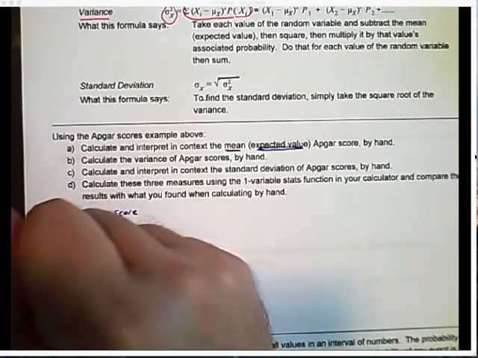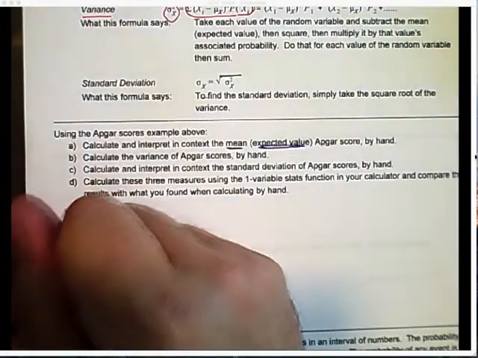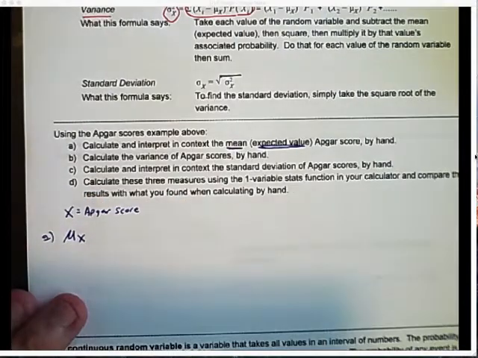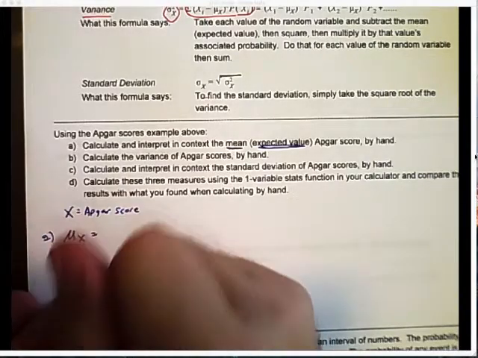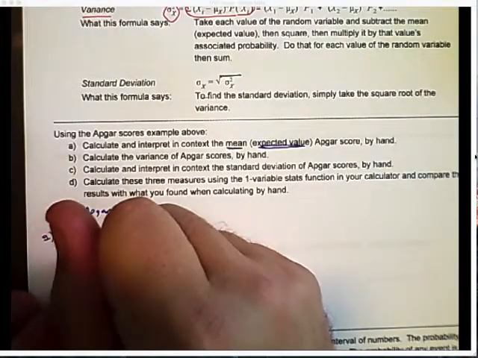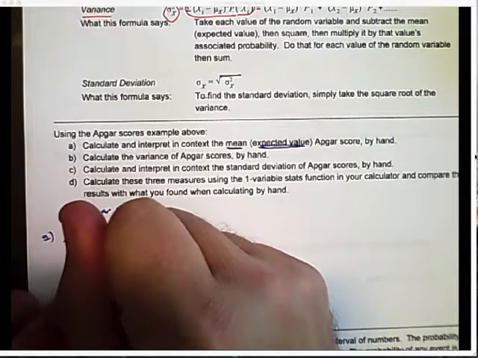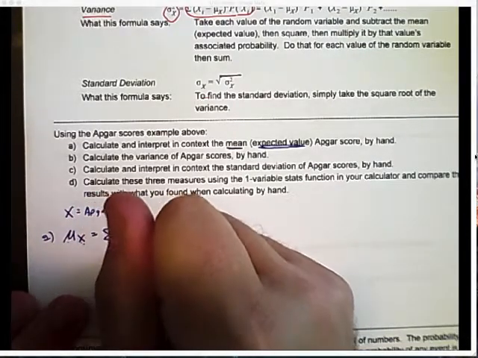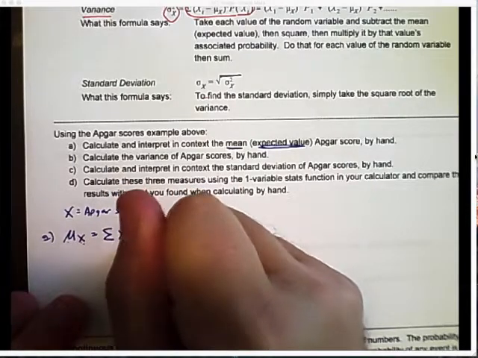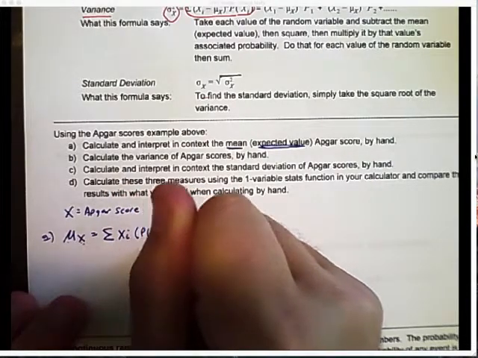So to do part A, to find the mean APGAR score, we would call that mu of x. What does the formula tell us? That means we take the sum of the actual APGAR scores times the probability of that APGAR score.